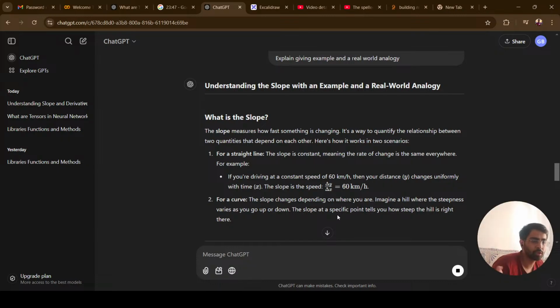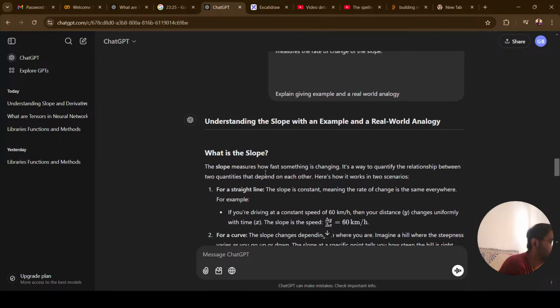Okay, that is the slope for a straight line. But for curves, it is saying that we have to take the derivative. Why? Because the curve keeps on changing at every point. So it is quite tough to find the slope. That is what it is telling. Okay, so let's just read more.